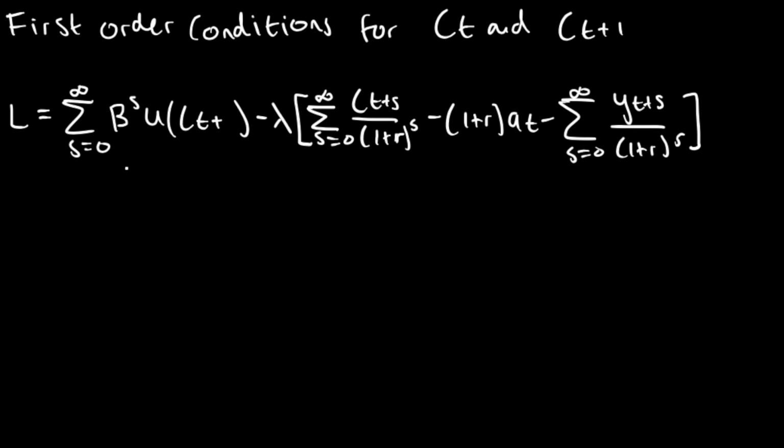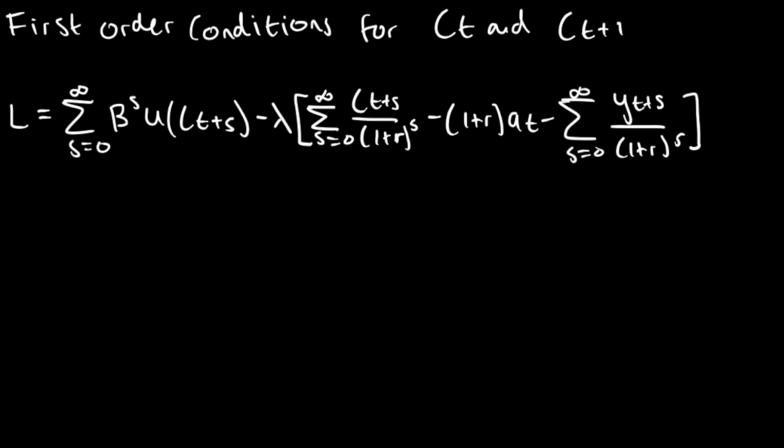To maximize this Lagrangian, the first thing that we have to do is take the first order conditions of the variable that we're looking at. In this case, just put that S there, we're going to take the first order conditions of consumption in the first two periods. So that would be period t, where S is equal to 0, and period t plus 1, where S is equal to 1.